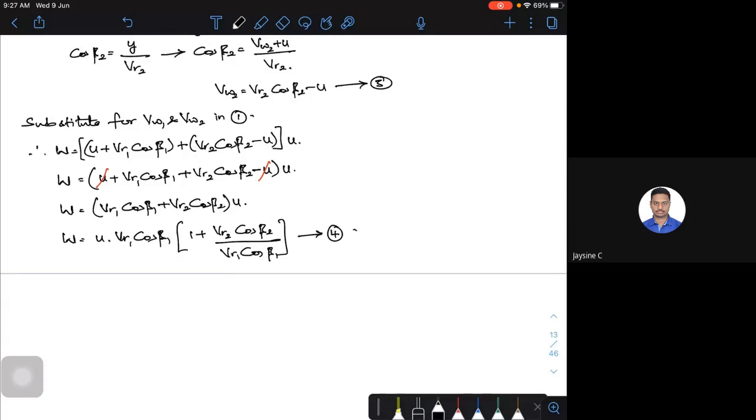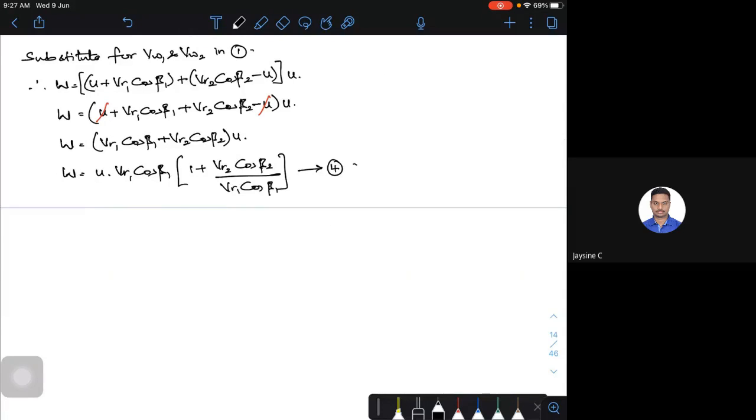Now if you closely observe here, I have two quantities. One quantity is VR2 by VR1, which is the friction factor. Let me take it as K or C, whatever it may be. The other one is the ratio of the cosine angles. I am trying to get a generalized expression, so that once you have it, I can get the expression for whatever condition I want.